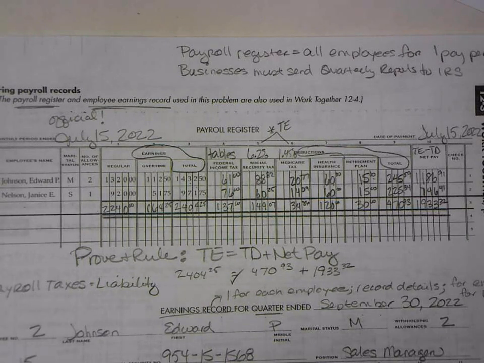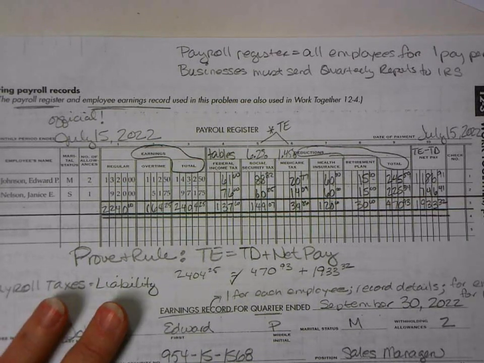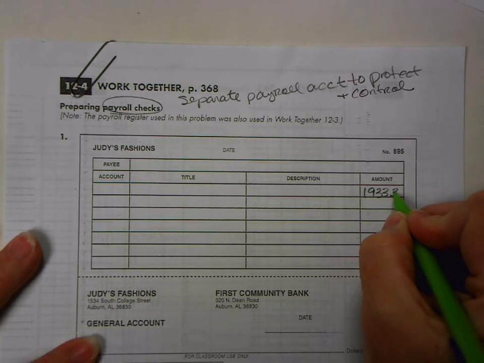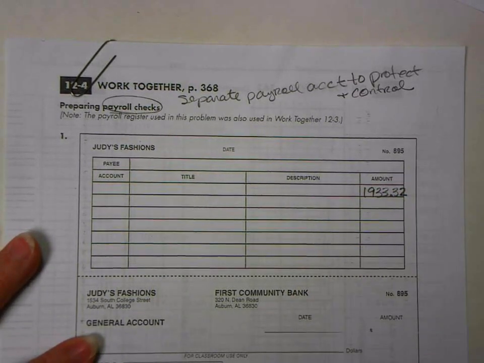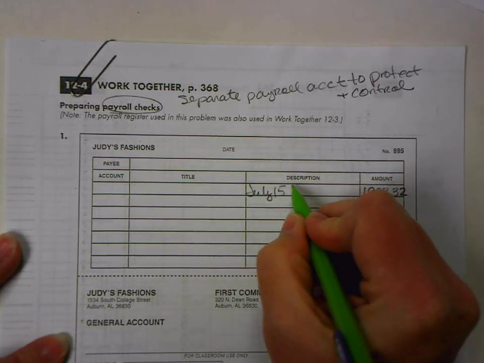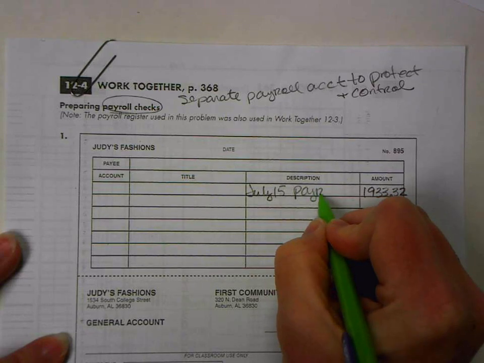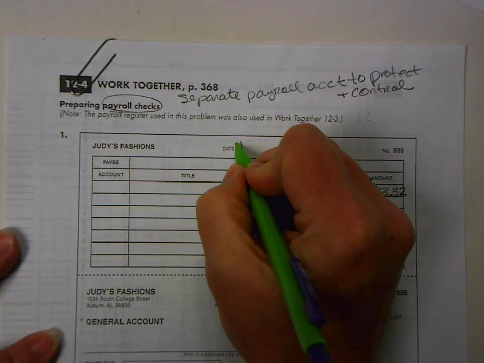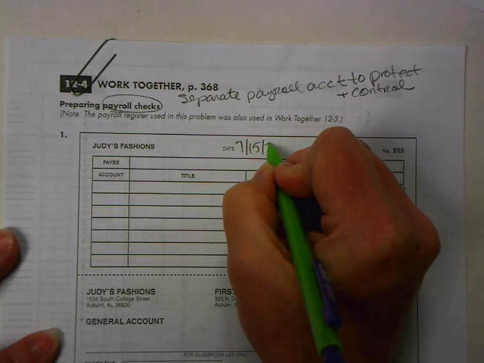All right, so now we're going to write a check for $1933.32. This is for the July 15th payroll. Okay, this is happening on July 15th.